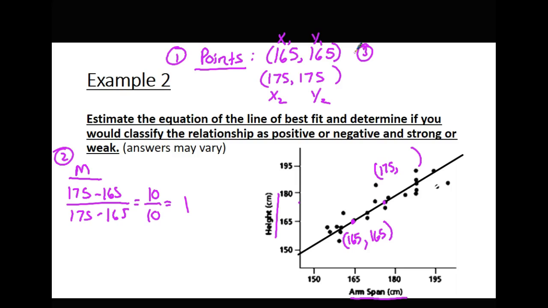So let's go ahead and we'll just estimate it by, well, actually, you know what? Let's go ahead and calculate it. I'll tell you why in a second. I just realized something. It's not obvious. All right, so let's use this x value here, 165. So I'm going to plug in 165. My slope is 1, 165, and b.